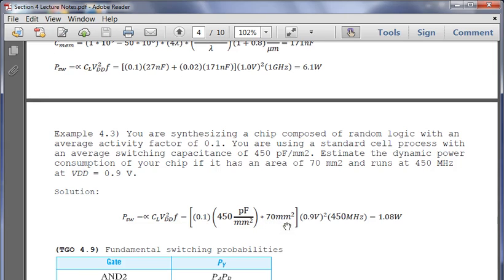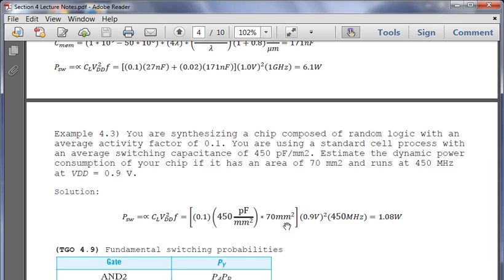So our chip, you've designed it, you've gone through Electric, you've done all your optimizations. You know that the area is best at 70 millimeters squared, and you know that your average switching capacitance is 450 picofarads per millimeter squared. We know this because we've designed a standard cell, so we've used all of our standard cells.